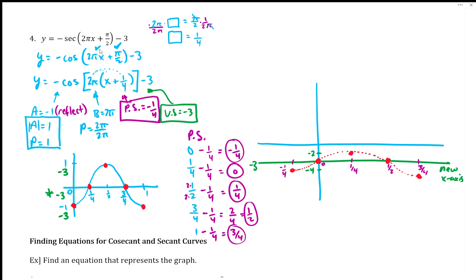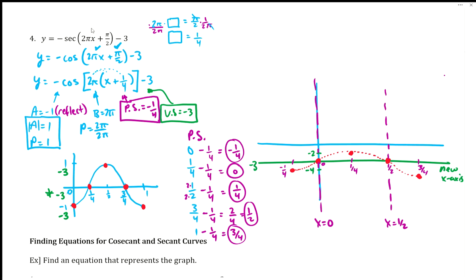Okay, and then now we've got our strategy to get the secant curve. So with secant, we find where the cosine curve goes through the x-axis, except it's been shifted. So it's where it goes through the new x-axis. So the asymptotes are through x equals 1/2 and x equals 0. Okay, so that's why that new x-axis is the more important axis.